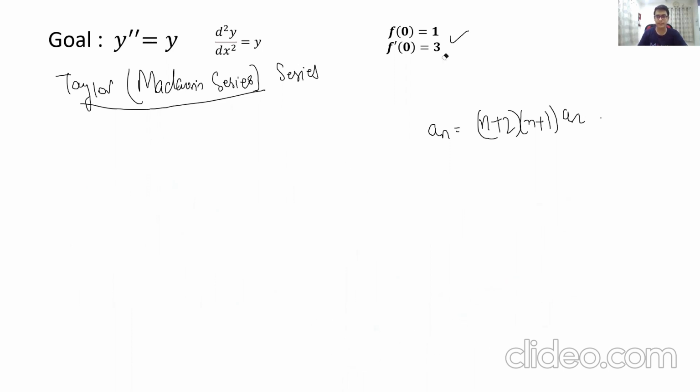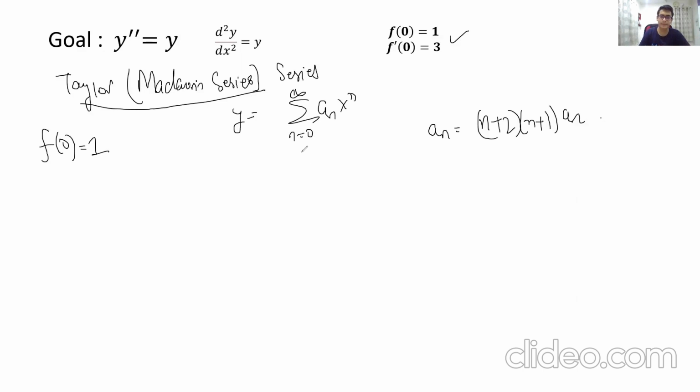And now we will move ahead. Okay, so this is our recurrence relation. Now what's important here are the initial conditions. F of 0 is equal to 1. Now remember that y was this infinite sum, right?